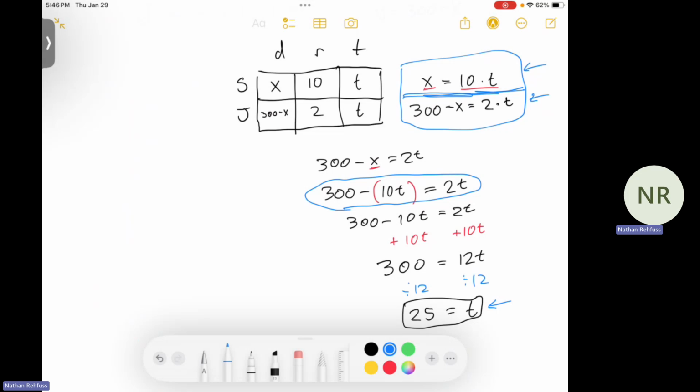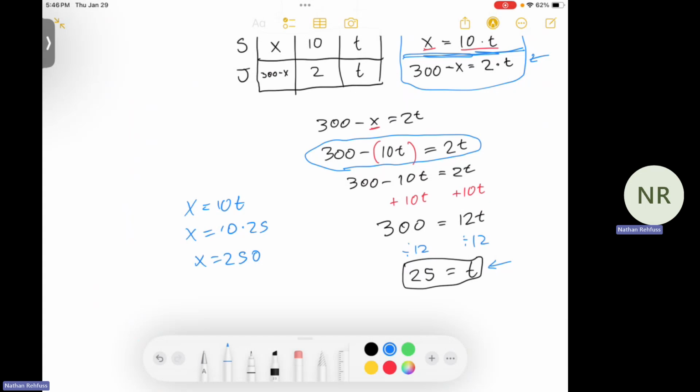X is 10 times t. All right, x is 10 times 25. Snuffles will run 250 feet. How about Jim? Well, Jim's distance, y, is 300 minus x. Jim will move 50 feet.